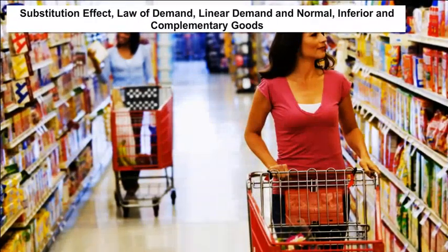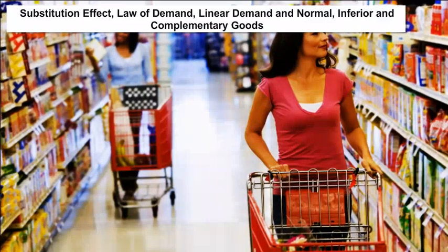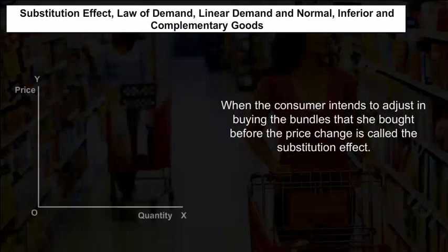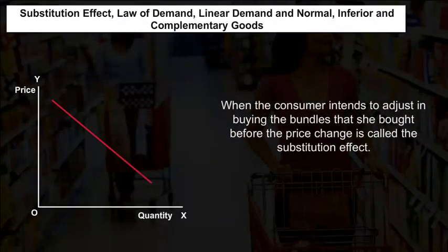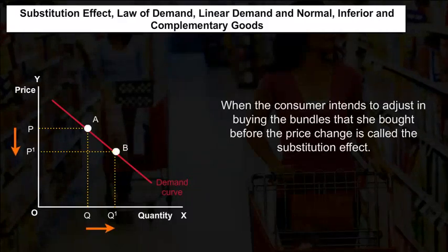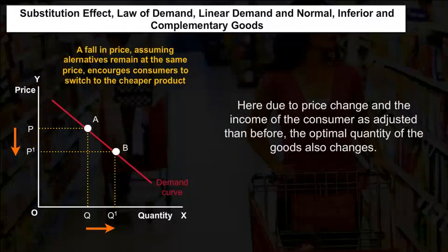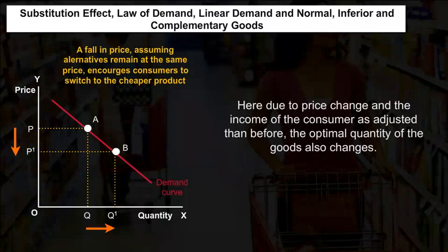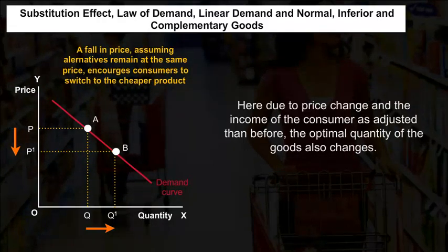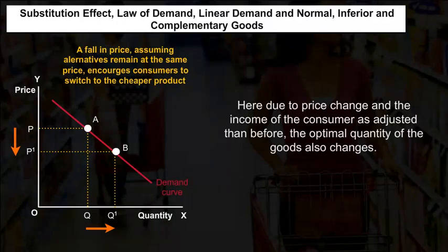Substitution effect, law of demand, linear demand, and normal, inferior and complementary goods. When the consumer intends to adjust the bundles she bought before the price change, it is called the substitution effect. Here, due to the price change and the adjusted income of the consumer, the optimal quantity of the goods also changes.